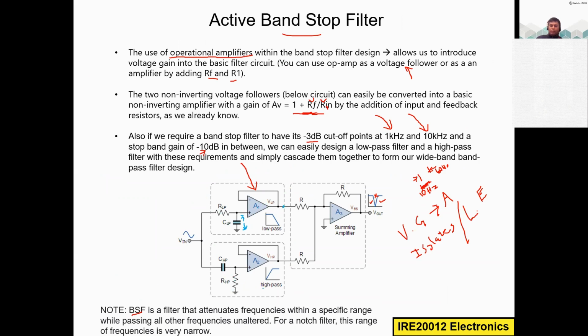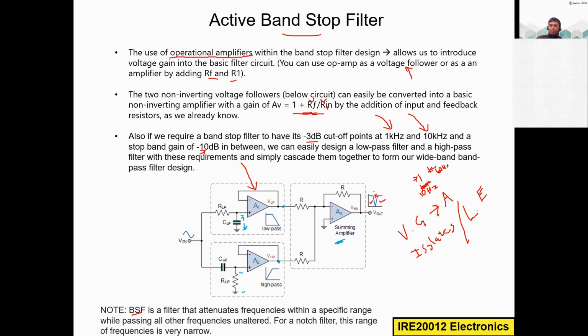The same here, you have another high pass filter getting the output across the resistor, but we are feeding this to this operational amplifier to amplify this or isolate from the other section, and we are getting the output from the operational amplifier and feeding them to this summing amplifier via input resistors, and you get the output like this. That is the band stop filter.